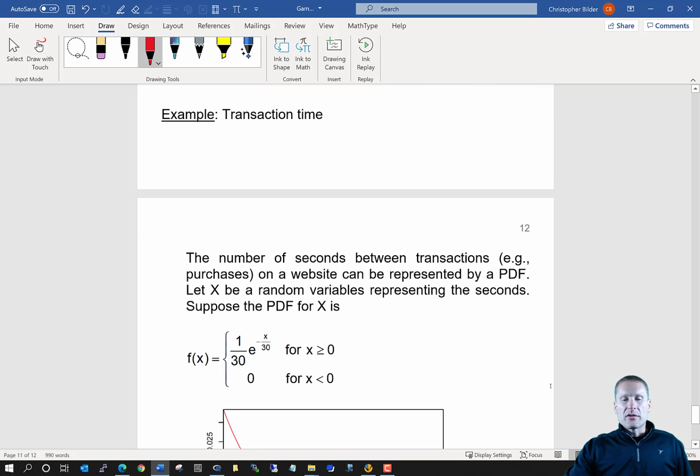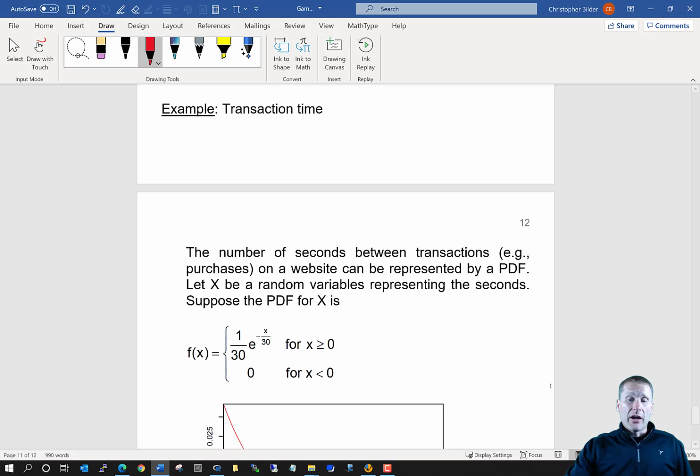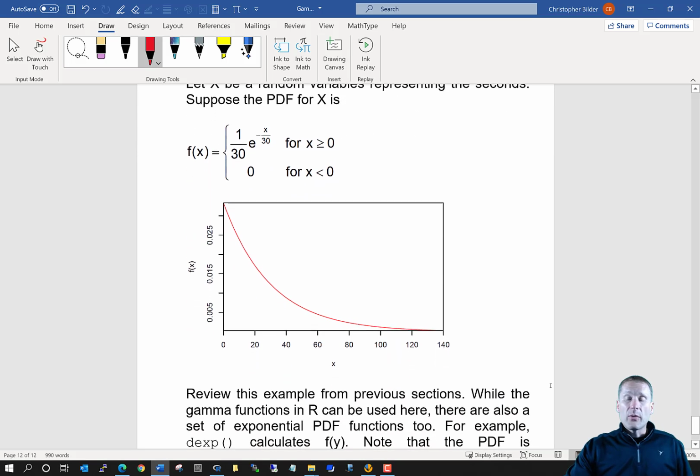As I just mentioned a minute ago, we used this particular PDF when we were working with the transaction time example. Beta was simply equal to 30 in that example. And so you can go back to all those past calculations to see how we actually did them so that you get experience with the exponential PDF.